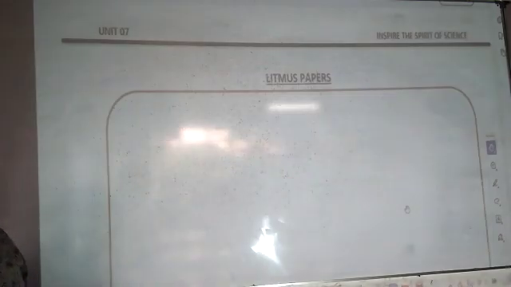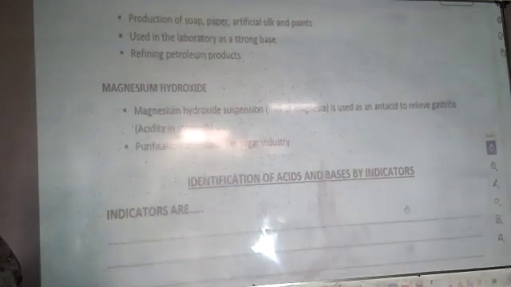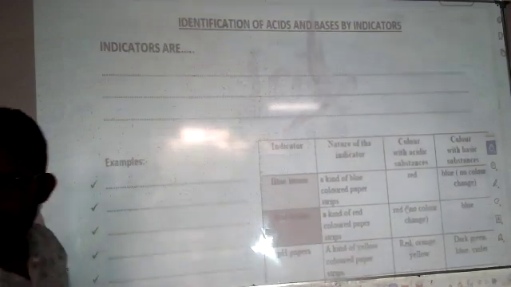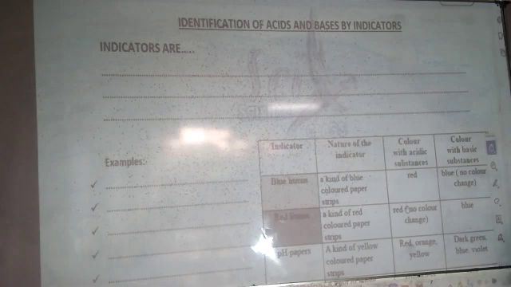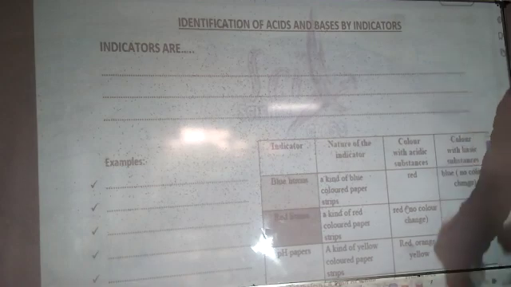So now we get back to indicators. What are indicators? Indicators are the materials which give one color with acids, one color with bases, or a range of colors with acids and another set of colors with bases.